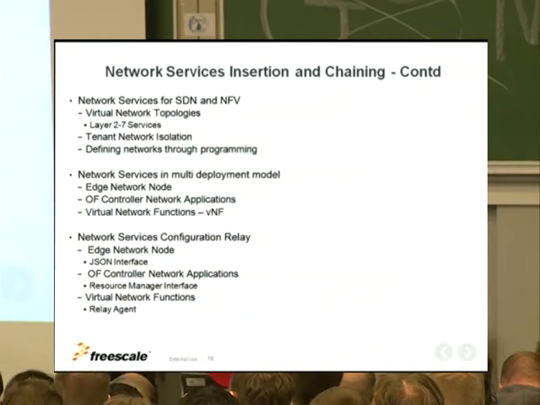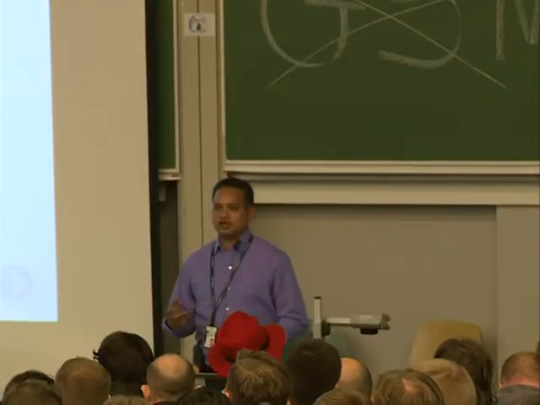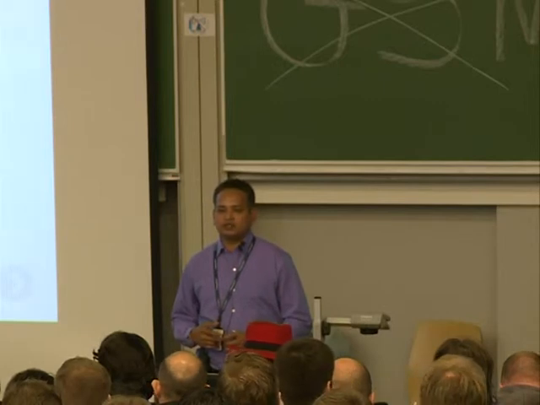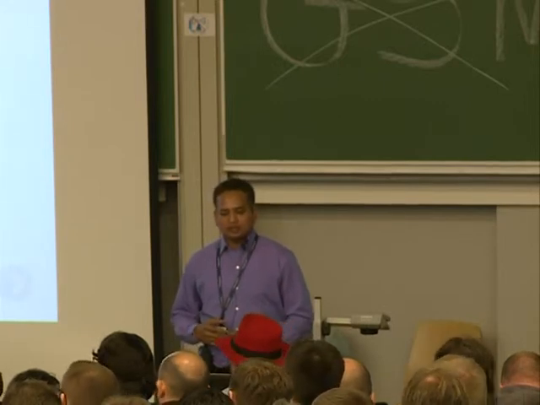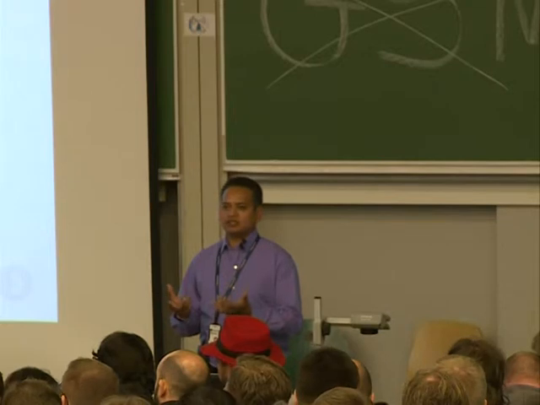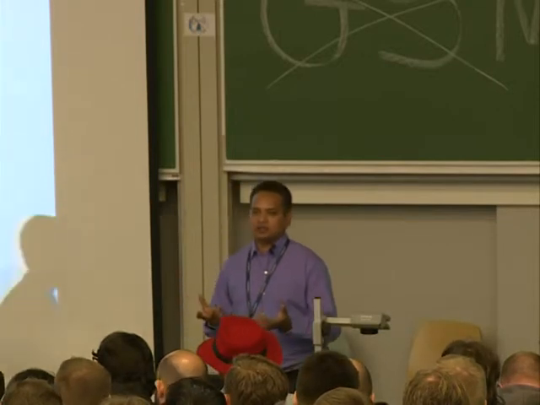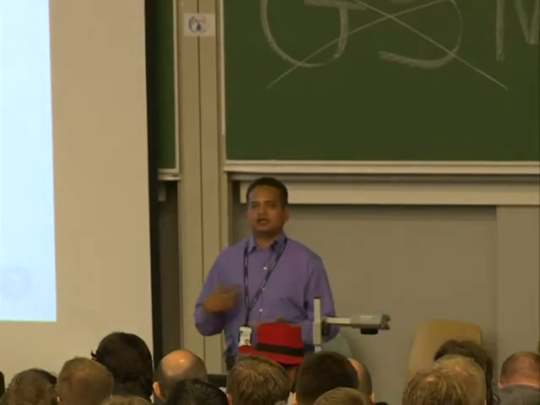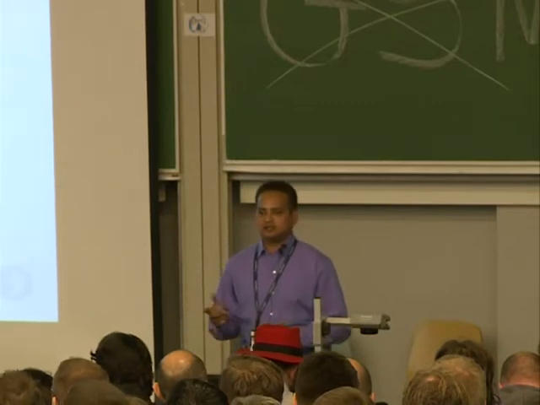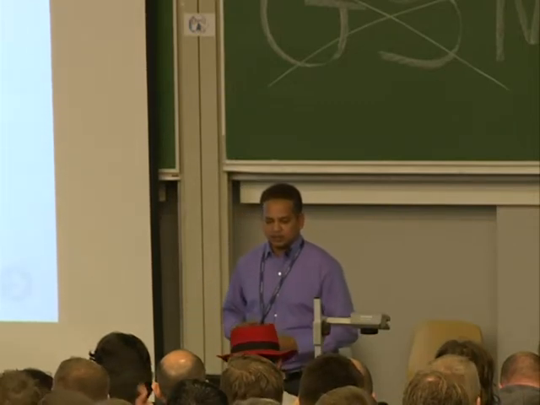And we have a third type called virtual network functions, like running a virtual network function inside a virtual machine. So these are the three different models of network services, where we can create the services, insert the services and chain the services together.